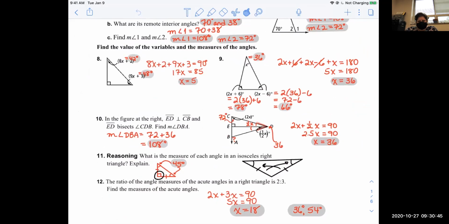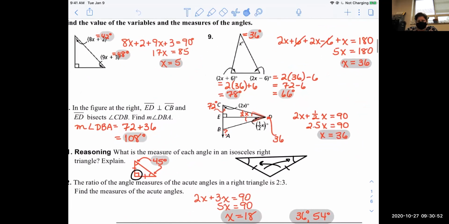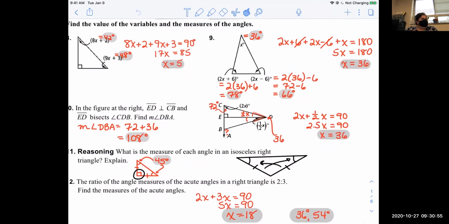Here's the bottom of that page. For this one, you maybe didn't think about the fact that every isosceles triangle will have two angles that are congruent.